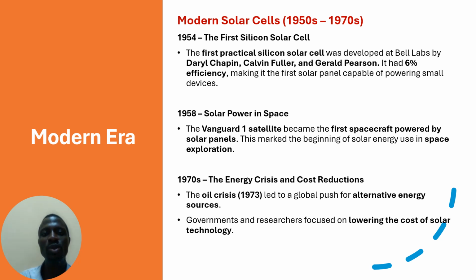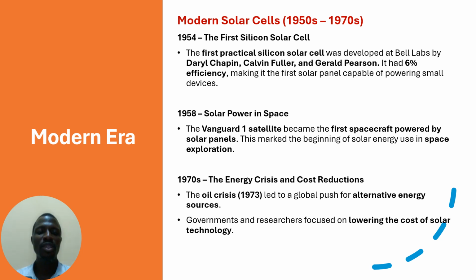This particular solar cell had 6% efficiency, which was a remarkable breakthrough at this point in time, making it the first solar cell capable of powering small devices. And by 1958, solar power generation was channeled to space application, and it was used in the Vanguard 1 satellite, which became the first spacecraft powered by solar panels. This marked the beginning of solar energy use in space exploration.